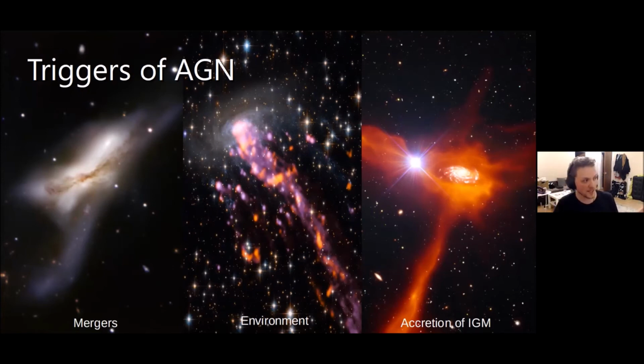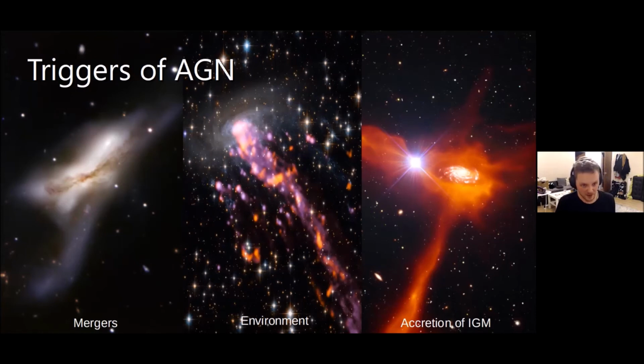So we see quite a lot of the very strong AGNs have had recent merger activity. When I say recent, perhaps a relatively big merger in the last billion years. Another thing is the environment. Here is what we call a tadpole galaxy that is falling into its environment and into its cluster.